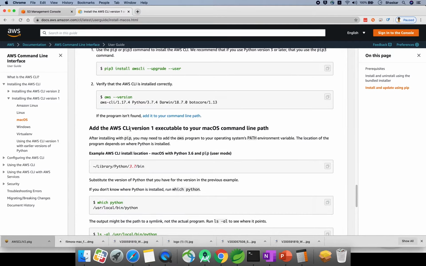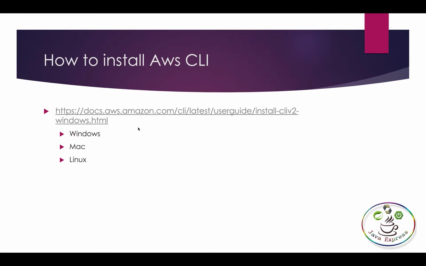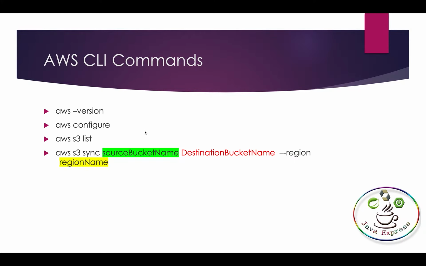Once you are good with the AWS CLI, we need to perform some actions. AWS CLI commands: you can check the AWS version. Then aws configure. Whenever you want to log into your AWS, you need to give some credentials.